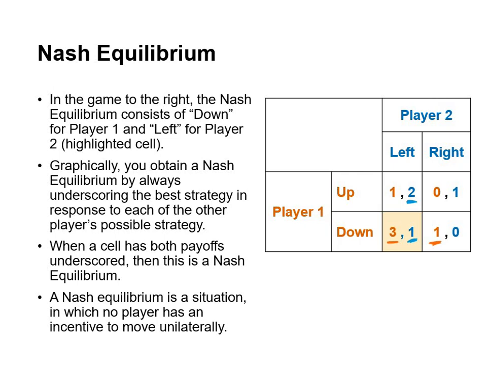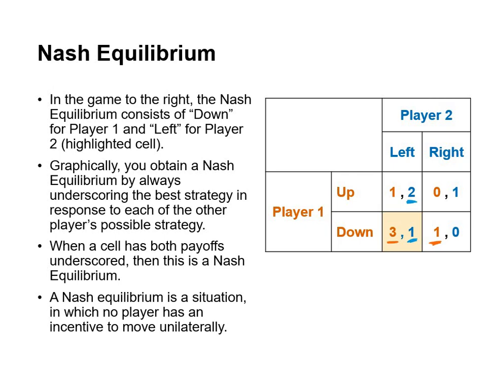Now you can see that the combination of down for player 1 and left for player 2 is somewhat unique, in the sense that as we played the game, we end up underscoring both payoffs. Whenever that happens, that is what we call a Nash equilibrium. And because that is a Nash equilibrium, I highlighted it in that light yellow color.